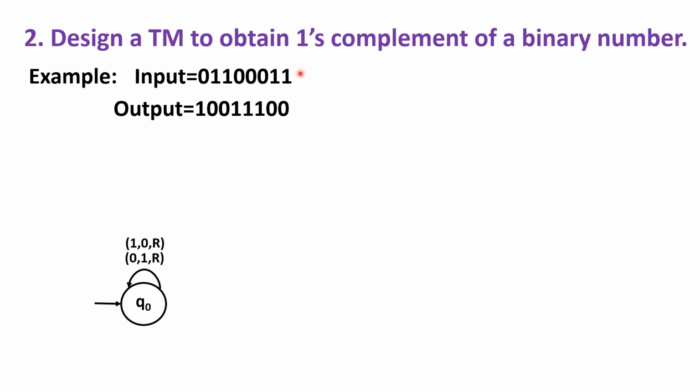Once the input string is exhausted and the initial state comes across a blank, keep the blank as it is, move towards the right or left and change the state to the final state, Q1.